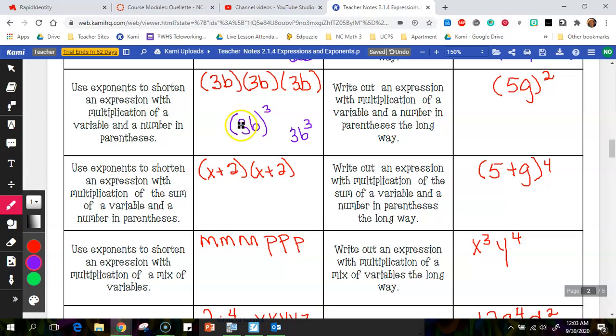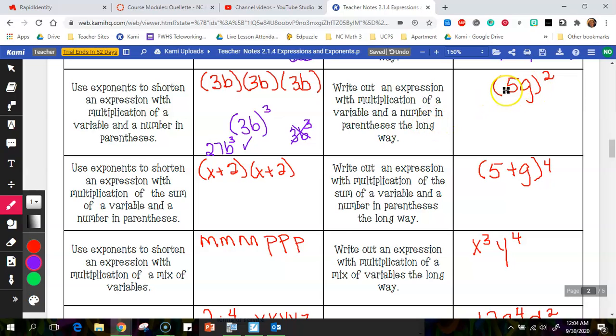In this case, it's the 3 and the b that are raised to the 3rd power. If I wanted to write this in multiplied form, I would take 3 and multiply times itself 3 times, so that would be 27, and that would be b cubed. So this would be right, but this one would be wrong.